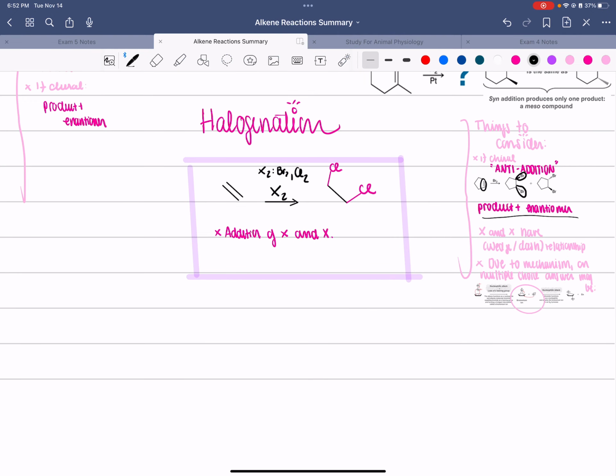So for example, in this case, we'll get something like this, which would be kind of like a chlorine like this, and then we'll have another chlorine attack it, and then this one will leave like this, which will cause it to open, and then we'll get kind of like a wedge and dash. So that's kind of like the logic behind that.